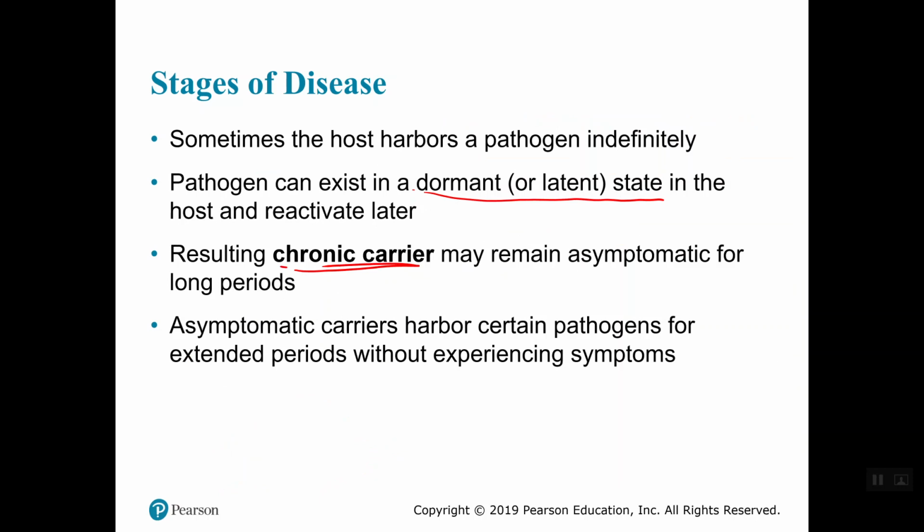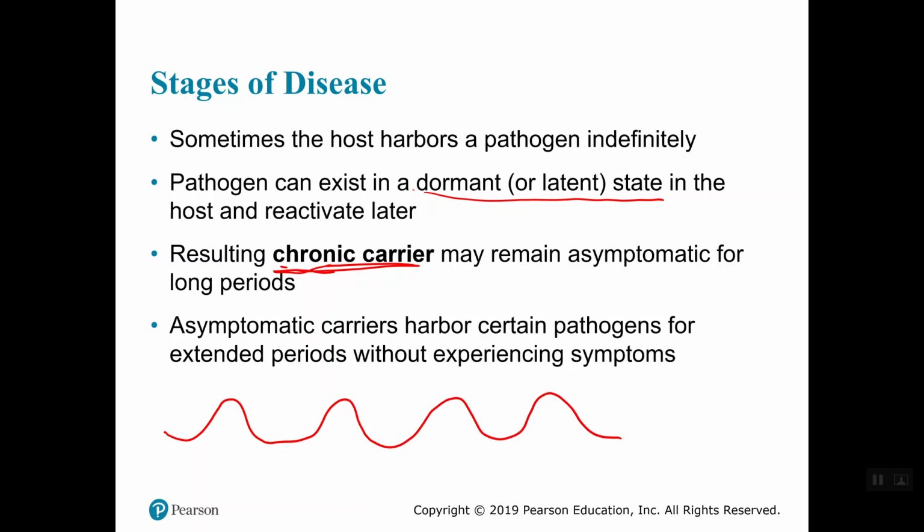A chronic carrier can remain asymptomatic for long periods of time and then have a reemergence of the infection. They'll have that acute phase, then the period of decline, convalescent, and then the acute phase again. So their stages of infection might look something like this over time.